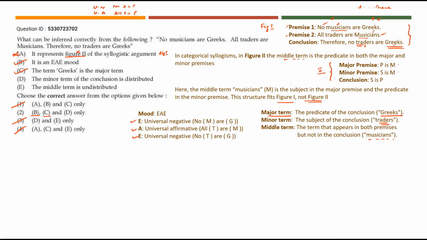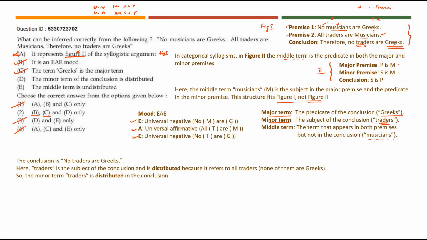The minor term of the conclusion is distributed. The conclusion is no traders are Greeks. The subject of the conclusion will be the minor term here. Traders is the subject of the conclusion and is distributed because it refers to all traders. None of them are Greeks. No traders are Greeks can be otherwise stated as all the traders are not Greeks. Here whom are we referring? We are referring to all the traders here.